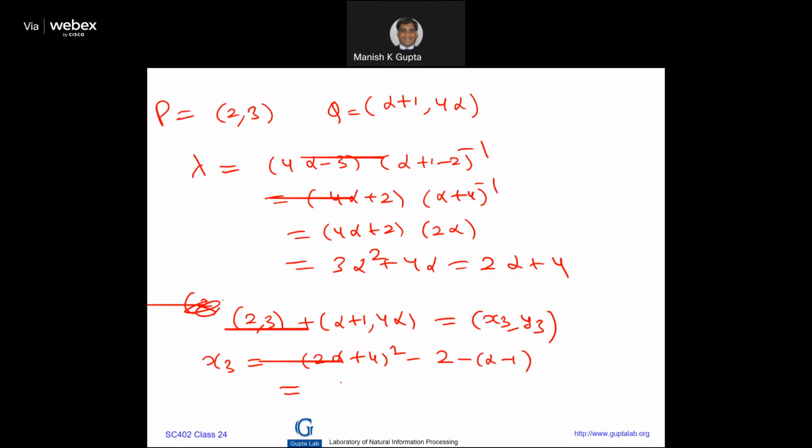This simplifies to 4 alpha square plus 3, which equals 4 alpha. In all these places we take into account that alpha square plus 4 alpha plus 2 is equal to 0.